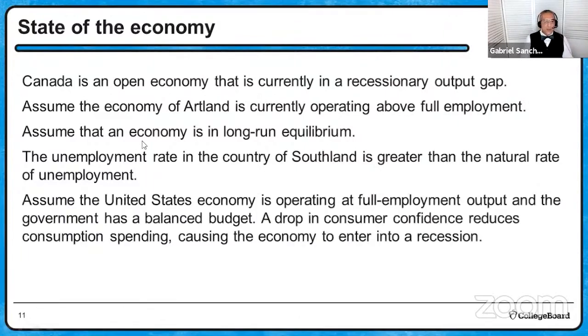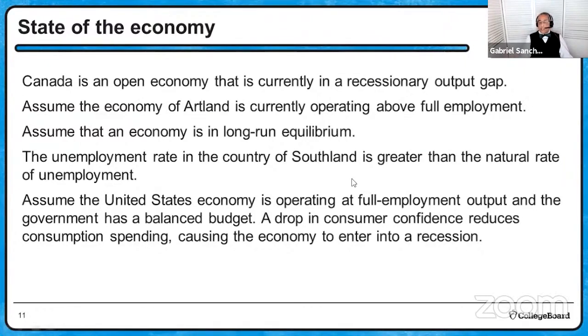The last example to look at right now is, assume that the United States economy is operating at full employment output and the government has a balanced budget. A drop in consumer confidence reduces consumption spending, causing the economy to enter into a recession. So we would start this economy at full employment. Then something happens.